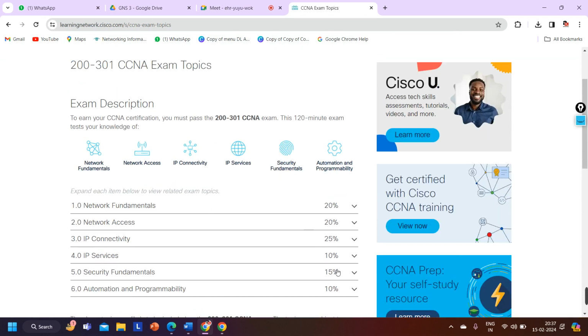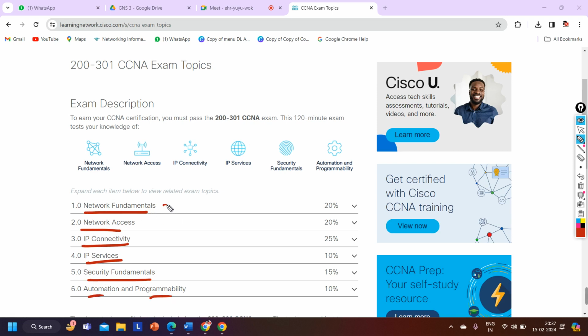Okay, so see guys, if you go for the CCNA 200-301 exam, Cisco is going to ask you questions from these six sections: network fundamentals, network access, IP connectivity, IP services, security fundamentals, automation and programmability.